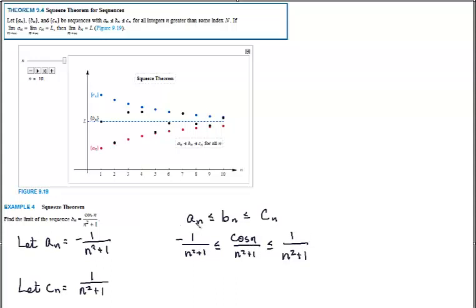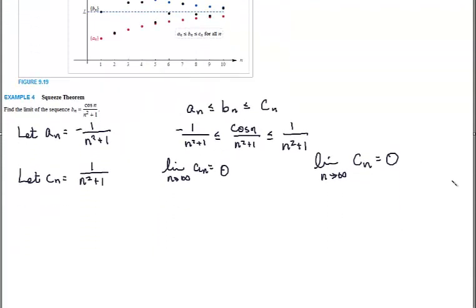Since the limit of a sub n as n goes to infinity is equal to 0, and the limit as n goes to infinity of c sub n is also equal to 0, then from the squeeze theorem, seeing as b is always in between, the limit as n goes to infinity of b sub n also equals 0. Pretty crafty.